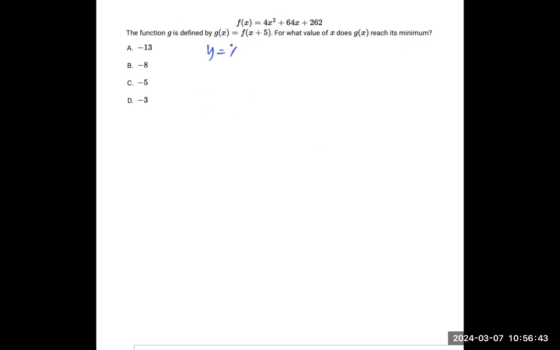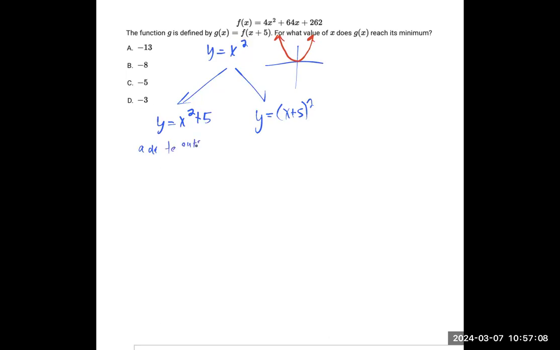So let's review translations. Let's say we have y equals x squared, which is your straight parabola centered at the origin. If we do y equals x squared plus 5, or y equals (x plus 5) squared, in this situation, we're adding to the outside.